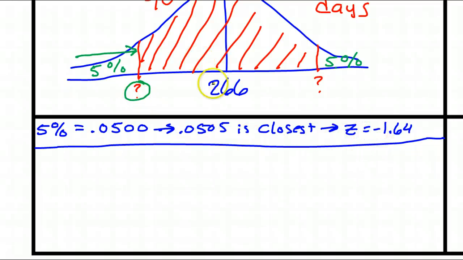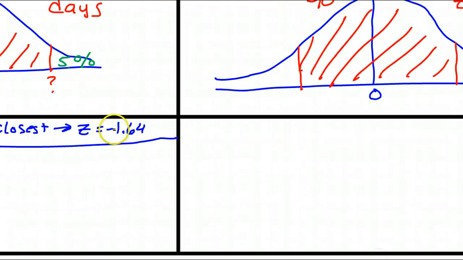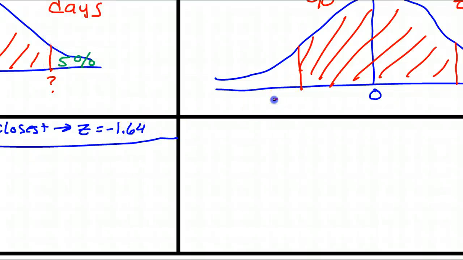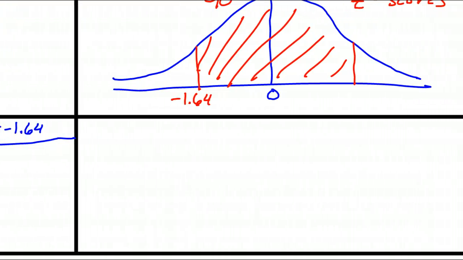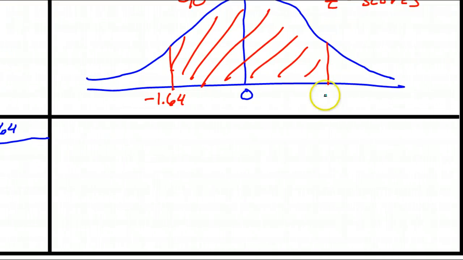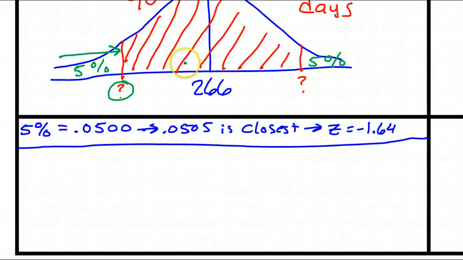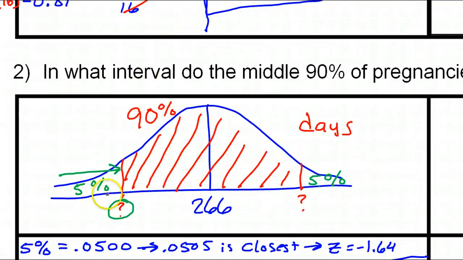Okay, now before I do that, all right, so we found the first z-score, but I really want to find the other z-score as well. Let's go ahead and mark this on the picture. Negative 1.64 is right here. Okay, before we do the rest of the calculations, let's find this z-score. Now, see if you can understand this. Remember, we always need the part to the left.